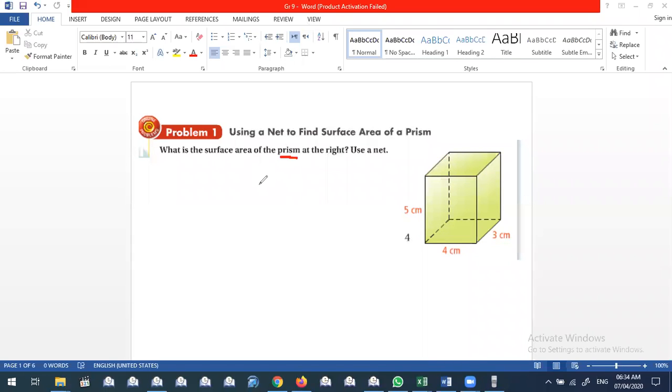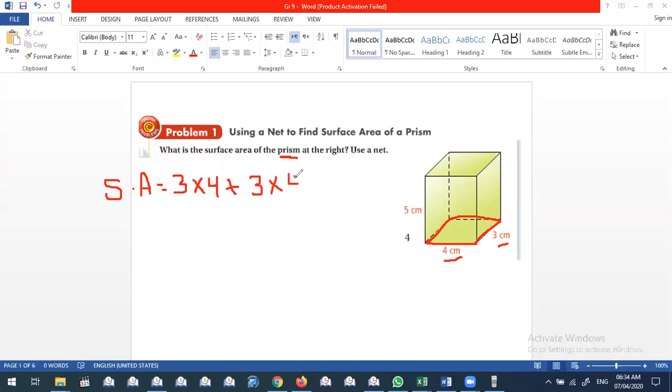Let's start with the first face, this one. It's very easy. I have its length and its width. Length is 4, width is 3. So if you need to find surface area, it will be 3 times 4 first, plus 3 times 4 again.